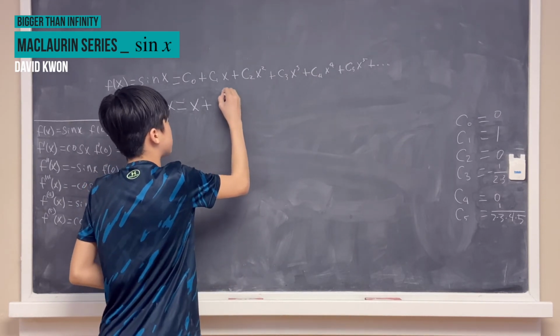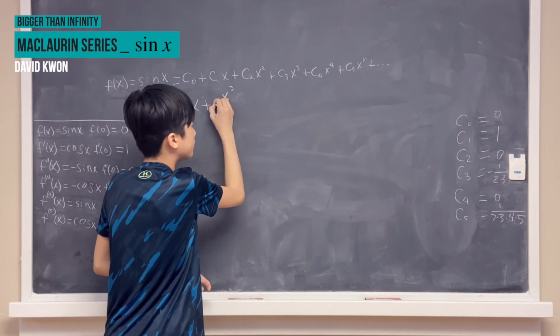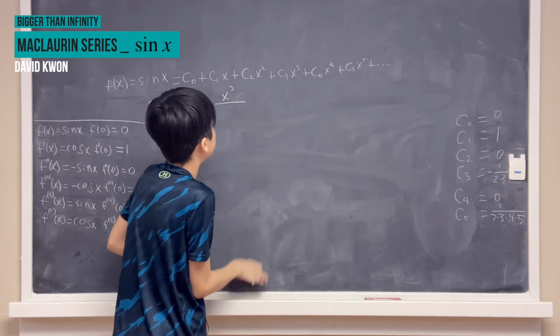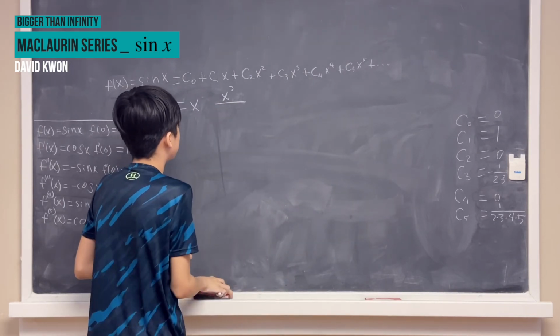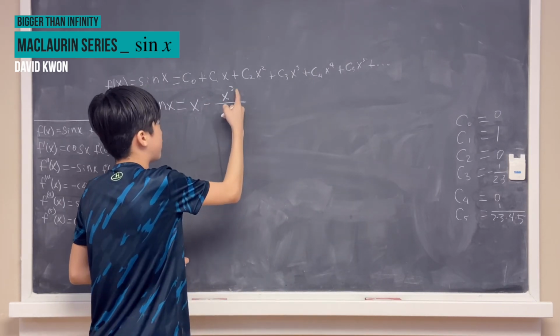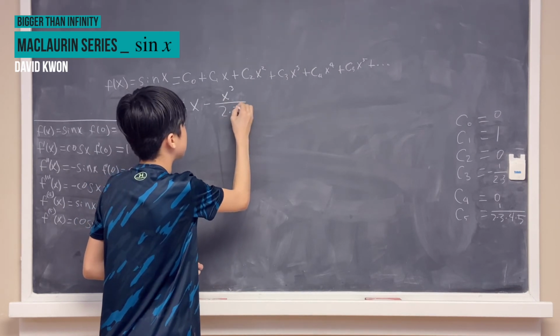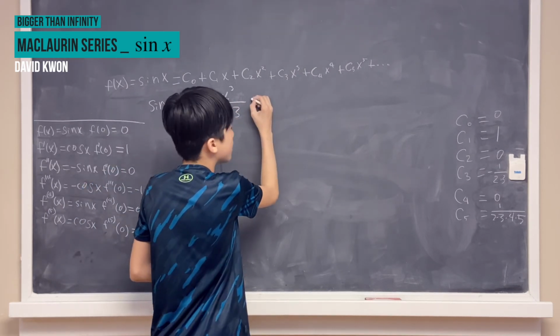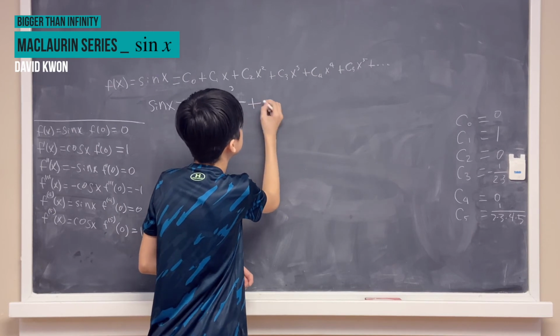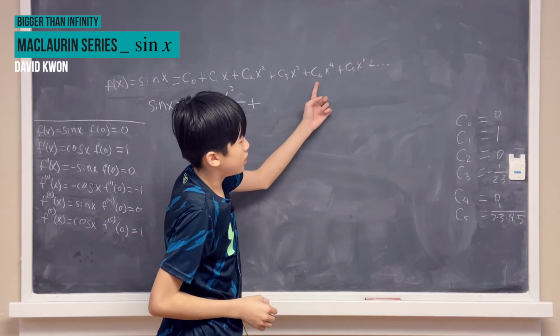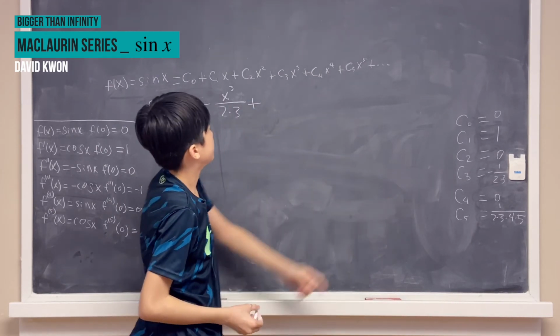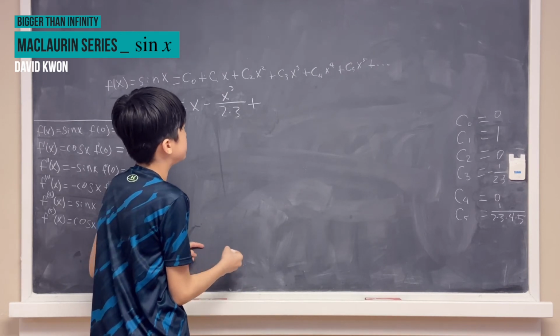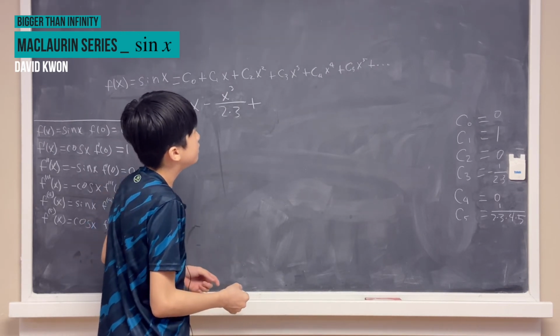So we have x to the power of 3 over, oh, and I forgot the negative sign in front of it. So we have negative x to the power of 3 over 2 times 3. And plus c sub 4 is just 0, so 0 times x to the power of 4 is just 0. So nothing goes there.